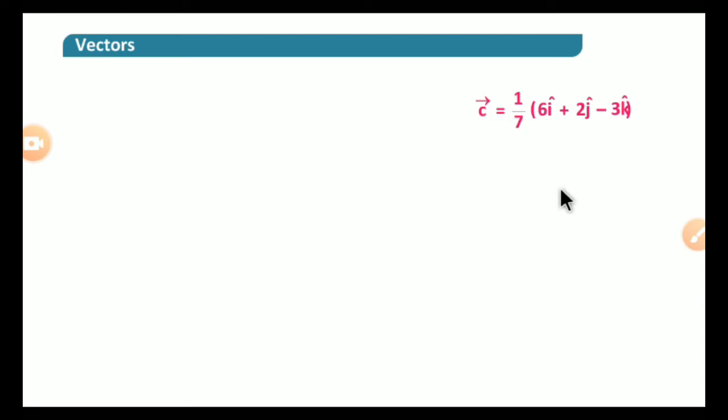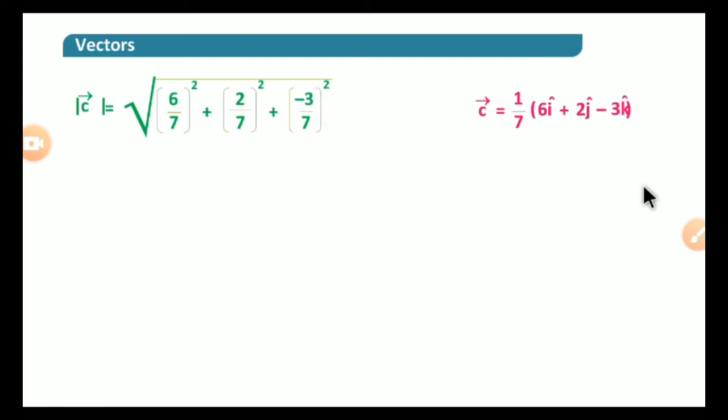Again, vector C is given here. So multiply 1 by 7 to all the terms. So 6 by 7, 2 by 7 and minus 3 by 7 are the components of vector C. So the magnitude of C is equal to the square root of (6 by 7) whole squared plus (2 by 7) whole squared plus (minus 3 by 7) whole squared. Therefore, in the numerator, that is 36 plus 4 plus 9 divided by 7 squared, which is 49.